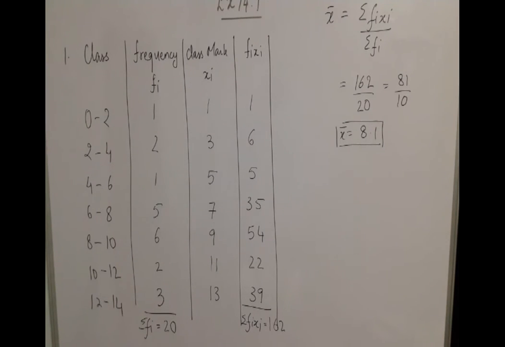Is this sum clear to you? In this sum we have made use of the first formula, also called the direct method. X bar equal to sigma fi xi upon sigma fi. So we have got the class, we have got the frequency. From the class we found out the class mark xi, multiplied fi into xi, and then after multiplication we used the direct formula and we got the answer.